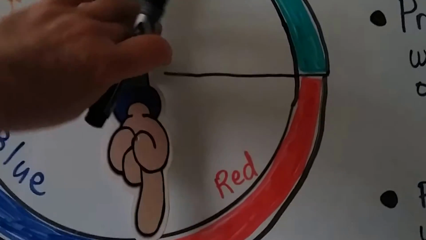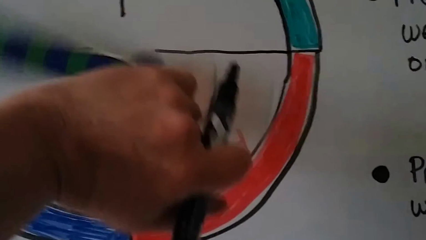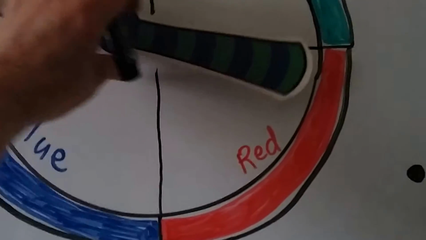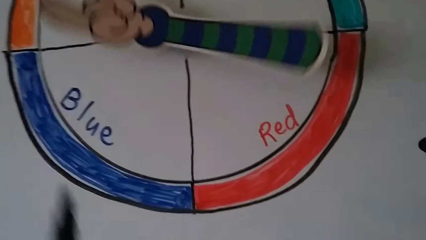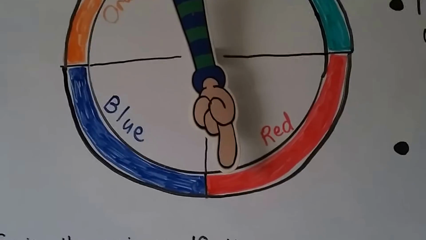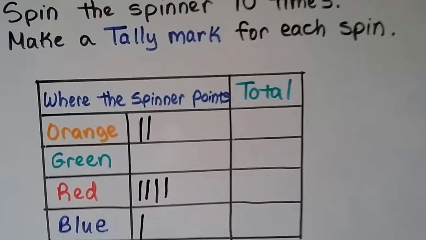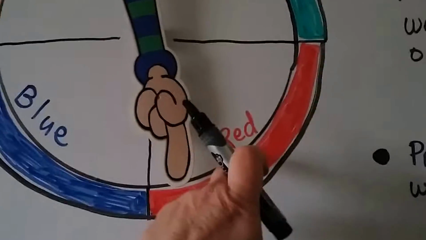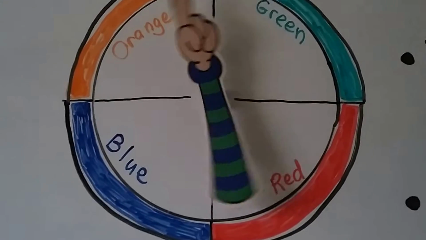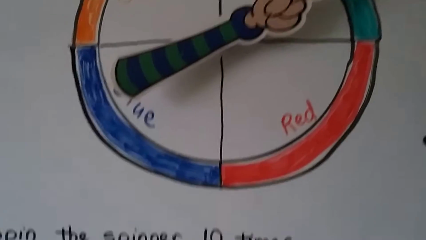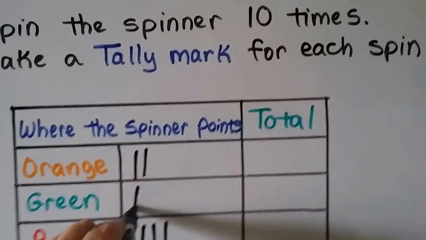Let's do number 7. Whoops, it keeps moving on me, huh? I'm spinning it too hard. Okay, that landed on red again. That was number 7. Let's do number 8. Ooh, it landed on the green finally. Number 8 was green.